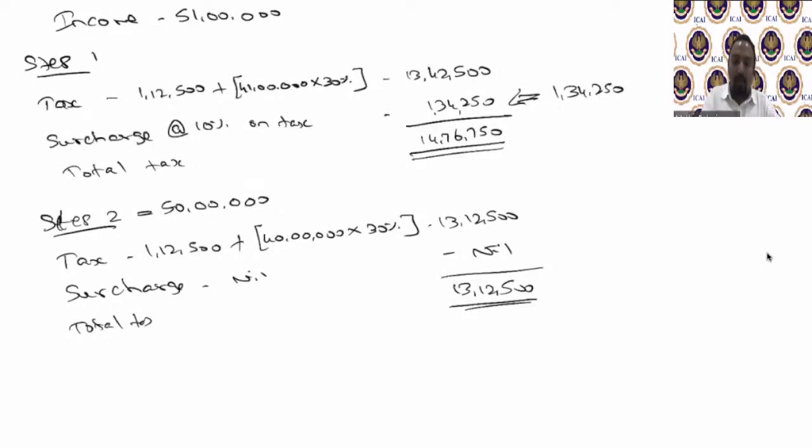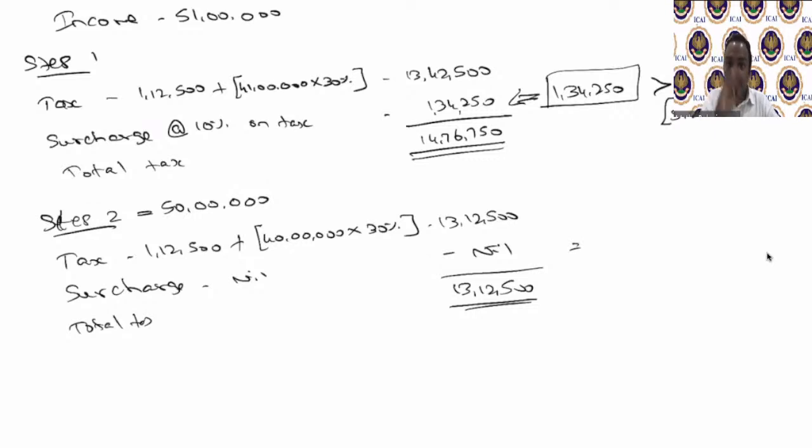Now just see at this level how much the surcharge is: 1,34,250. But if you had earned 1 lakh less, it would have been nil. So that's what we are computing. This is greater than 1 lakh. How did you get this 1 lakh? It is 51 lakh minus 50 lakhs. So your surcharge is greater than the excess income.